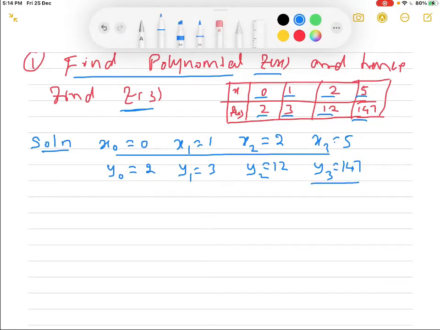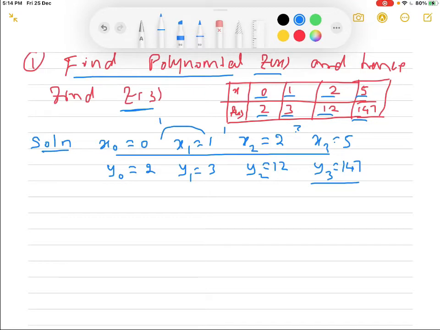Here we can observe that the points of x are not equally spaced because the difference of any two consecutive values is not the same. You can observe that 1 minus 0 is 1, 2 minus 1 is 1, but 5 minus 2 is 3, so the difference is not the same, so they are not equally spaced values.